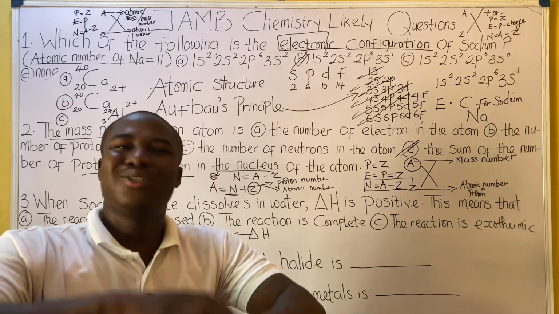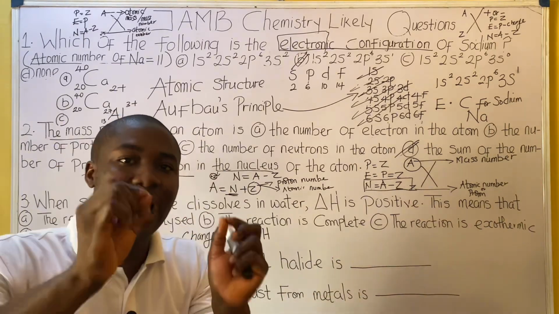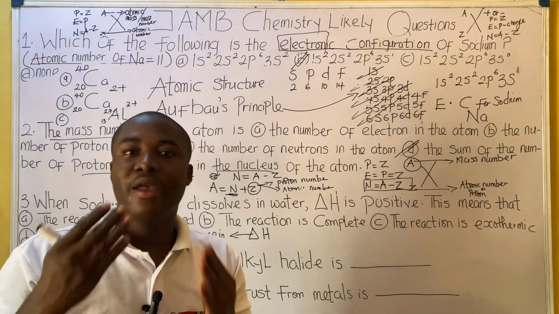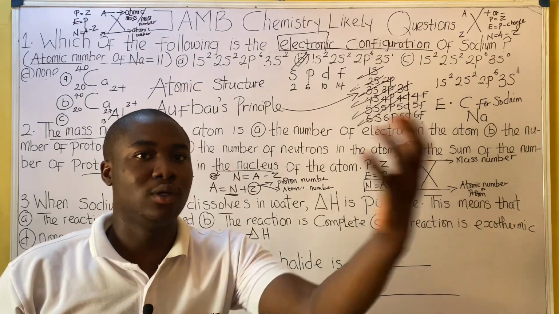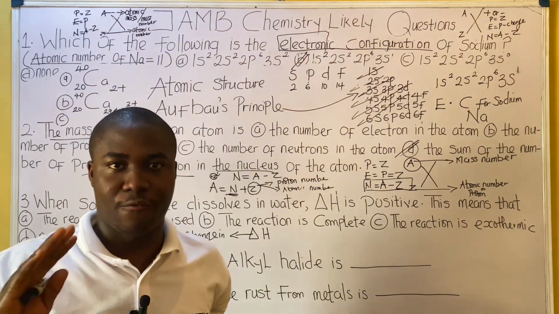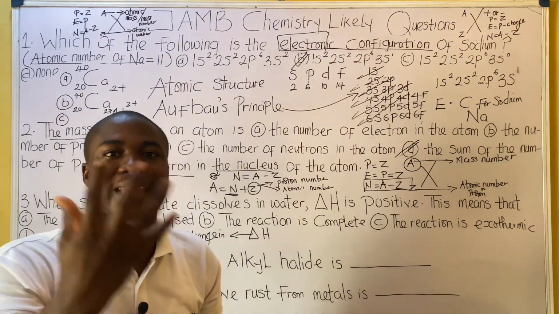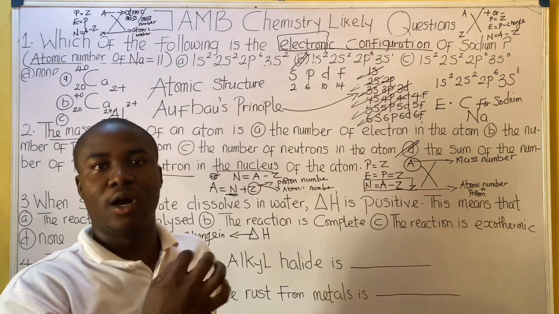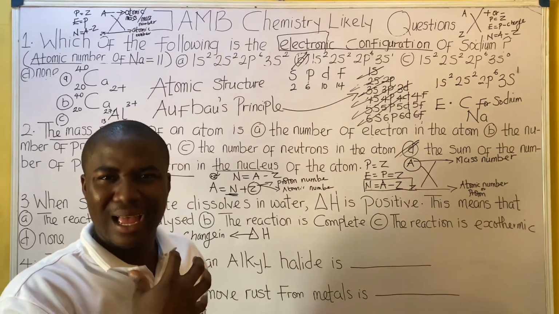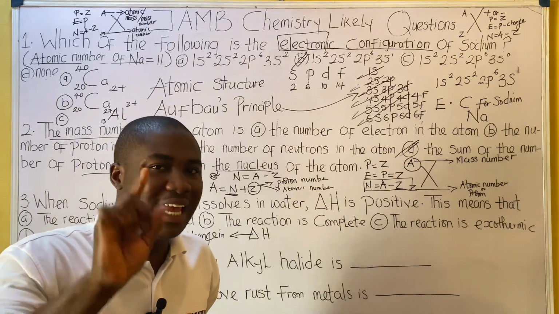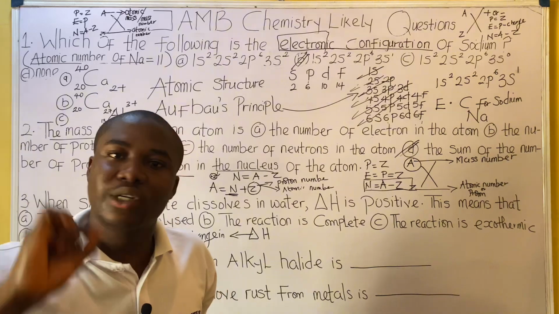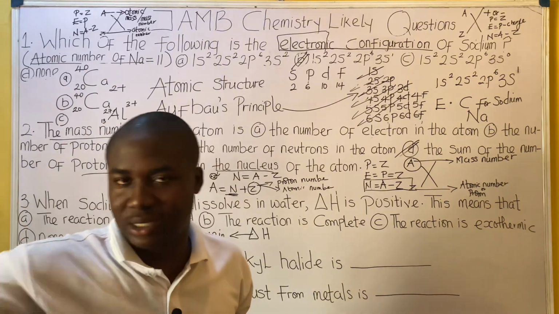So what does this tell us? Delta H tells us two major things. It tells us if in a reaction heat is absorbed or heat is given off. In those reactions in which heat is absorbed, we say those reactions are endothermic. But in those reactions in which heat is given off, we say those reactions are exothermic.